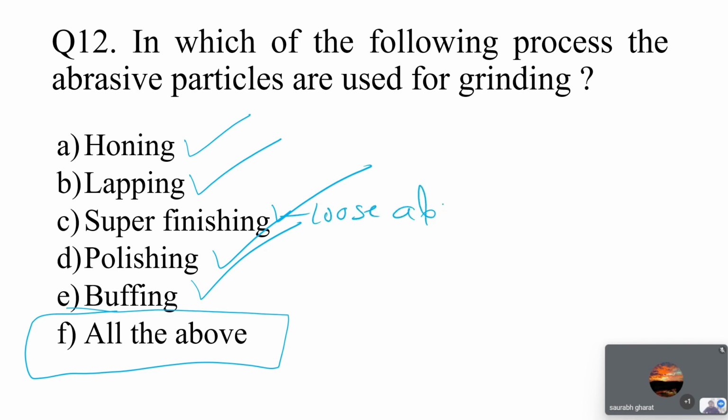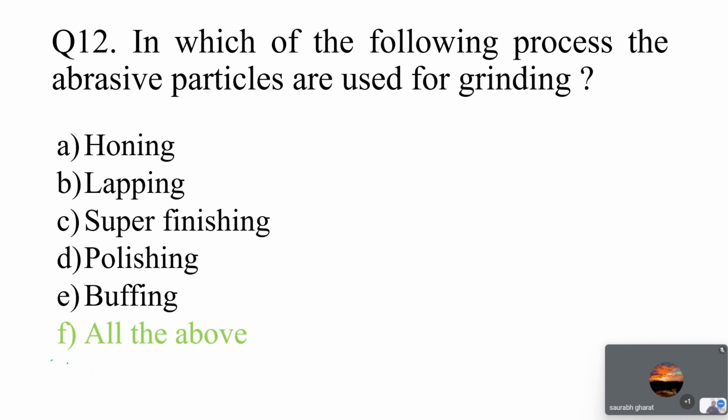So they are not tight, we are using loose abrasives here for super finishing. And in polishing again we have abrasives. Buffing also we have abrasives. The abrasives are there everywhere. So it is all of the above, your correct answer.